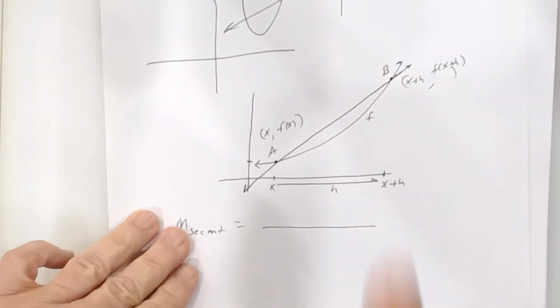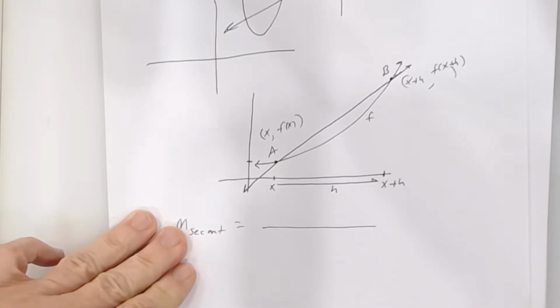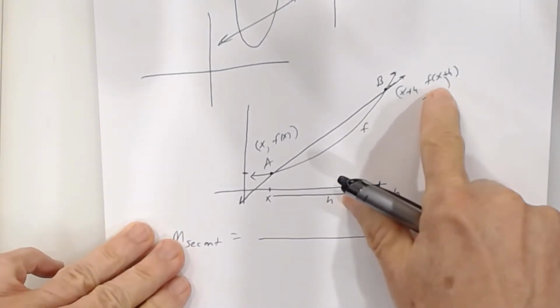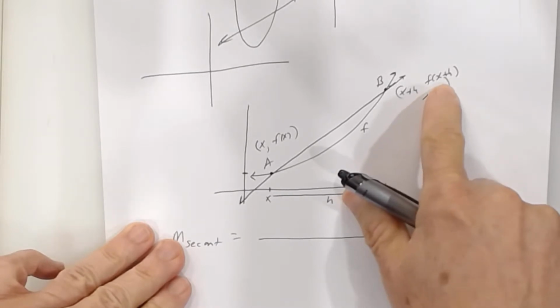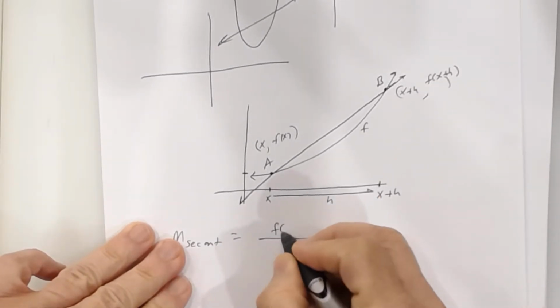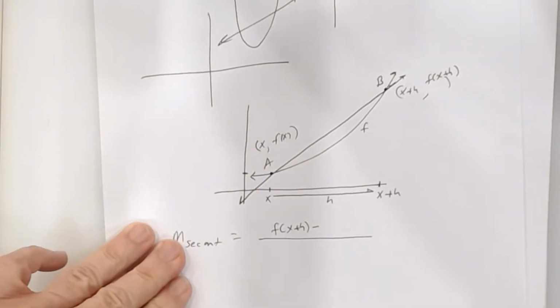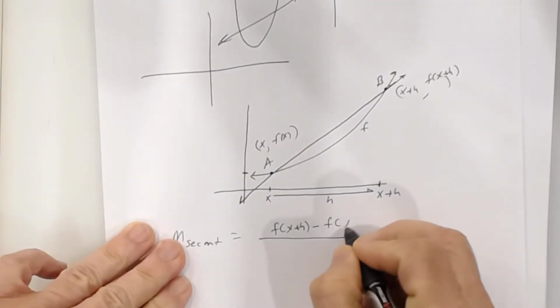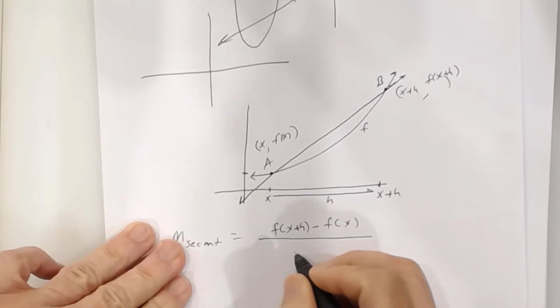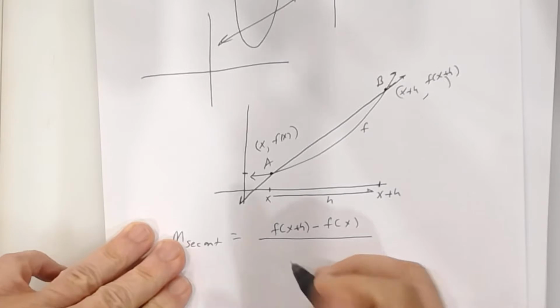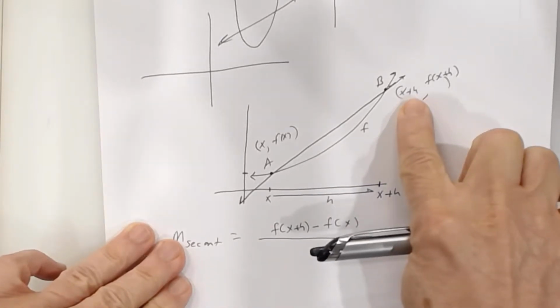The rise, you subtract which coordinates? The y coordinates. So let's start with this one. So this y coordinate is what? F of x plus h minus this y coordinate, which is f of x, divided by the change in x coordinates. What's this x coordinate right here?